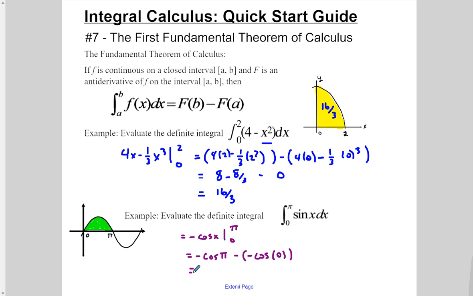So doing that, well, cosine of pi is -1. So we're taking the negative of -1, and we're going to subtract from it the negative, or well, add, I guess we should say, the cosine of 0, which is 1. Well, it turns out that that total area is 2. So that's what we do.